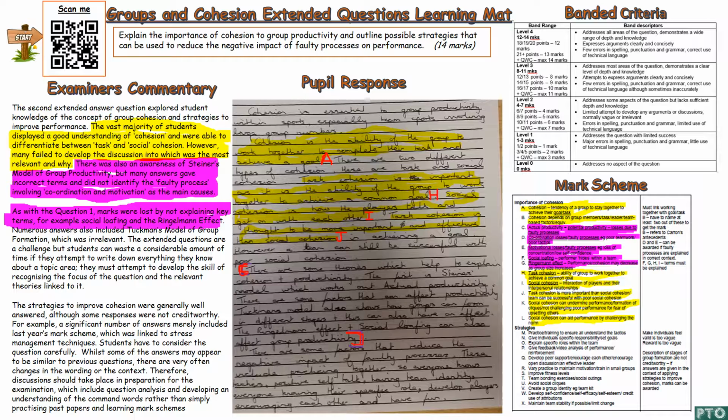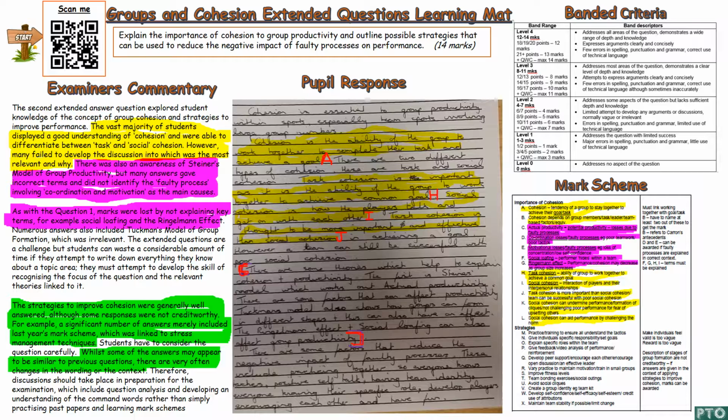Okay, so what I'd like you to do is look now at the strategies to improve cohesion. I'm just looking at that mark scheme. It said that generally this was answered quite well, although some responses were not credit-worthy. For example, a significant number of answers merely included last year's mark scheme, which was linked to stress management techniques. Quite often students are clever.